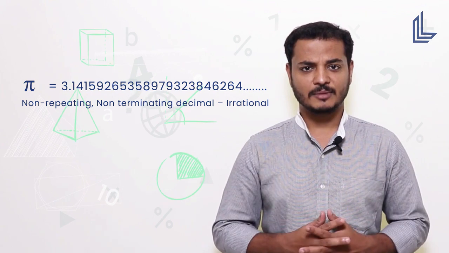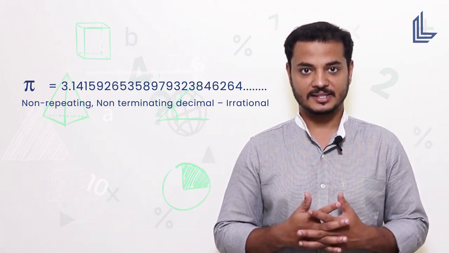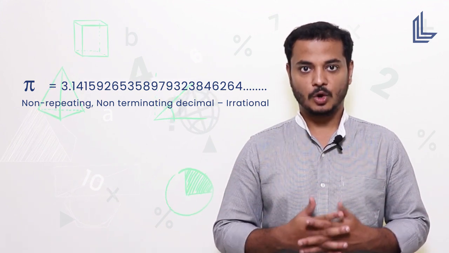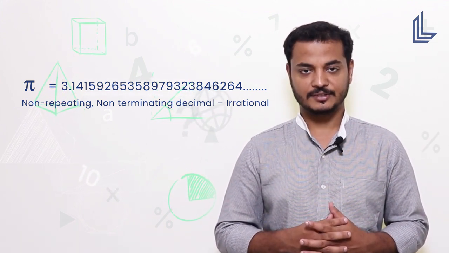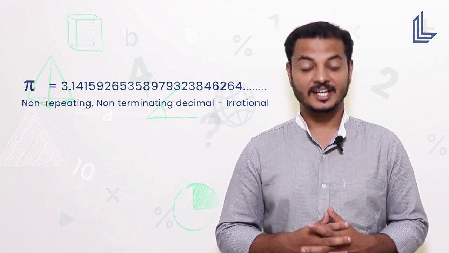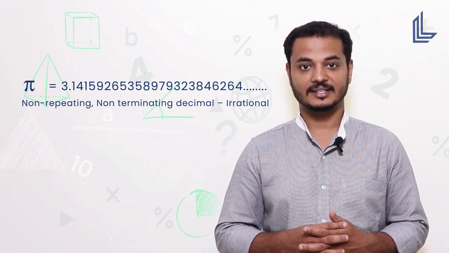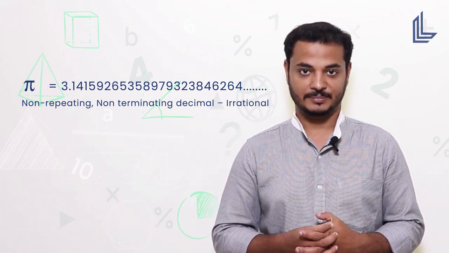So let's quickly sum up how to identify an irrational number. If the number is given within roots, all you need to check is if the number within the radical symbol is a non-perfect square. If it is a non-perfect square, it means that the result is going to be an irrational number.